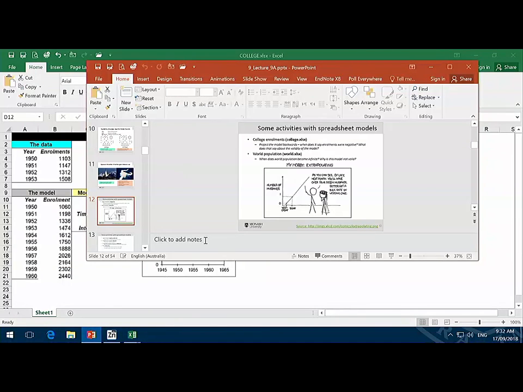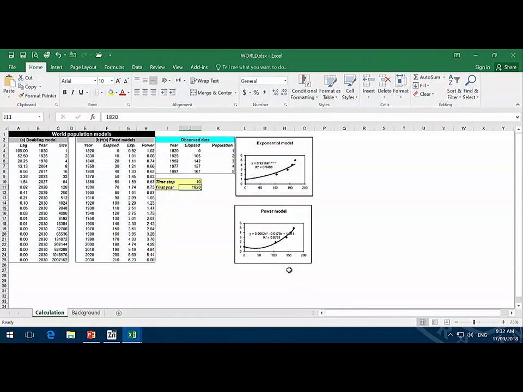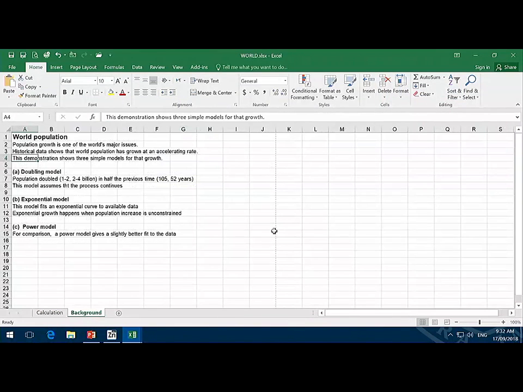All right, let's have a look at the world population model, or a few world population models. There are a few ways of thinking about world population. So you can say, let's assume that the population doubles in half the time it took to double last time.